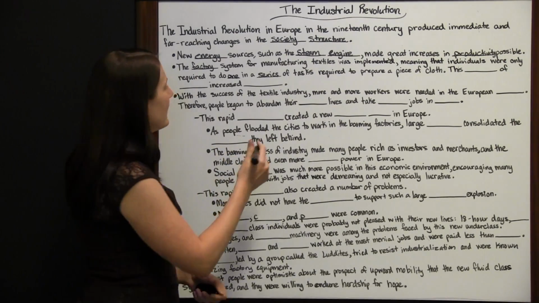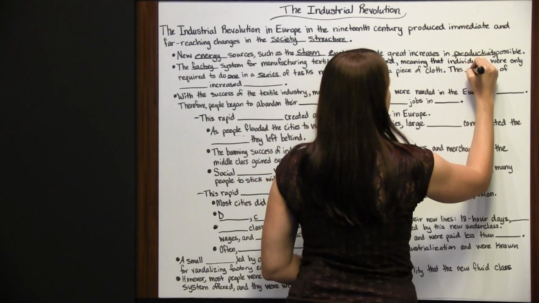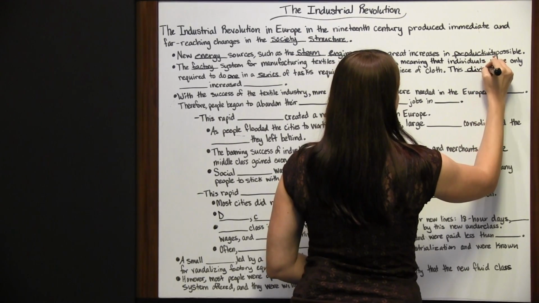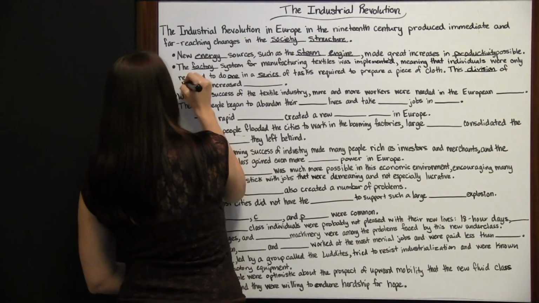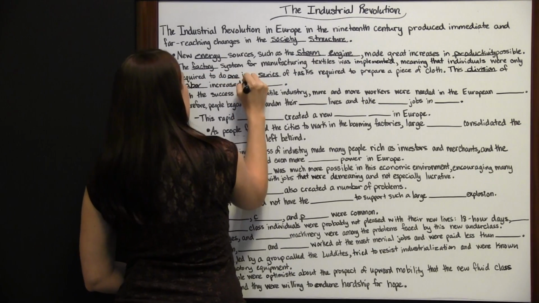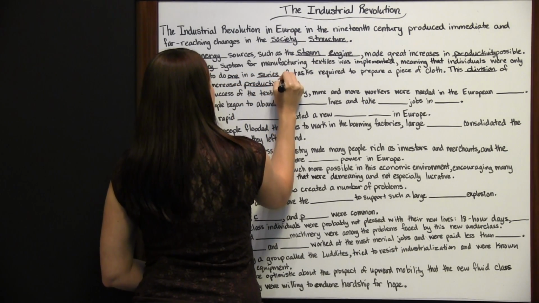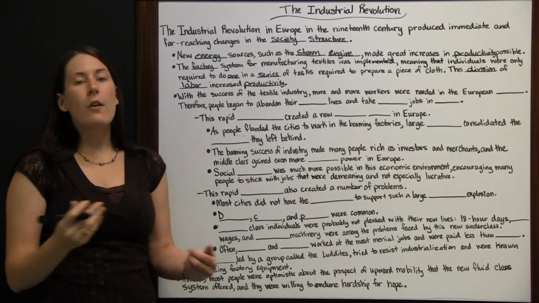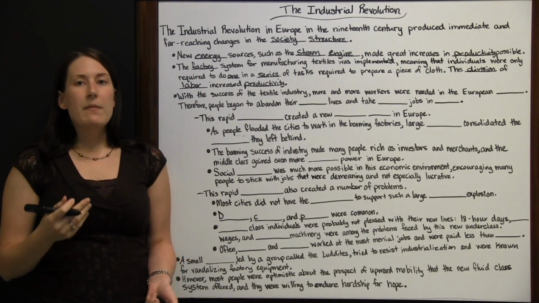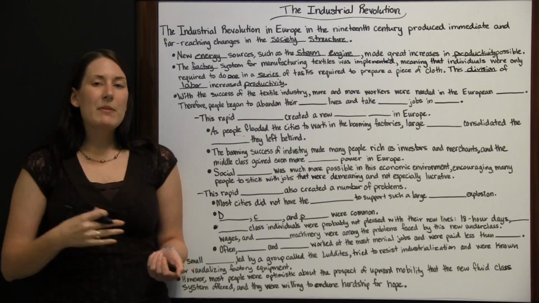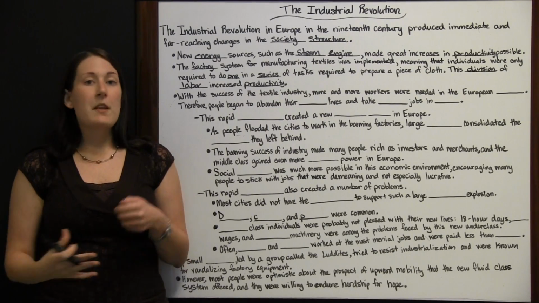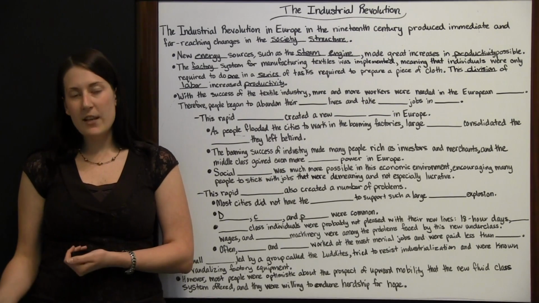And so this division of labor also increased productivity. Before, one person would do all the jobs, and they may be really good at one part but really bad at another part, or they may be really quick at one part but really slow at another part.